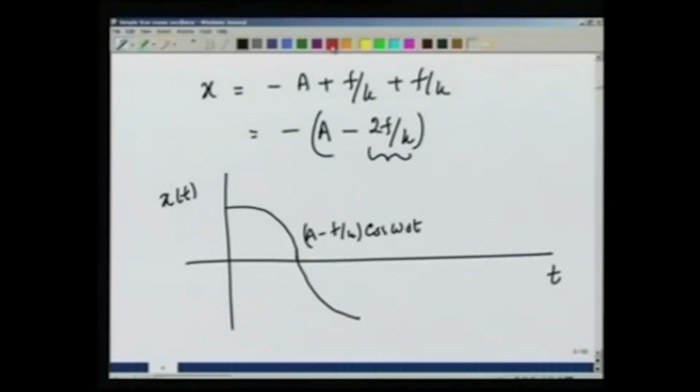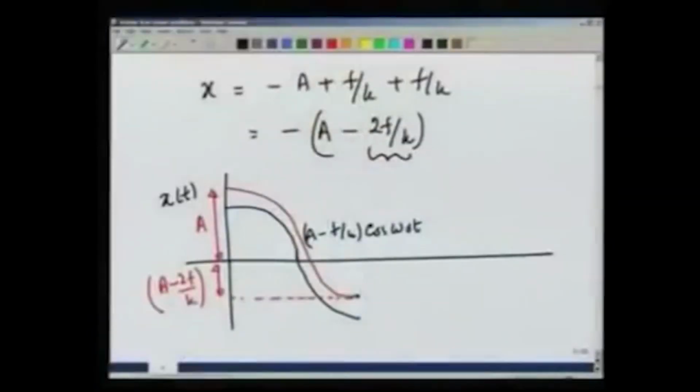So, the solution is going to be, I shift it up by f over k. So, this distance is a, and this distance here is a minus 2f over k. So, you see it has lost that much amplitude by the time it comes here.